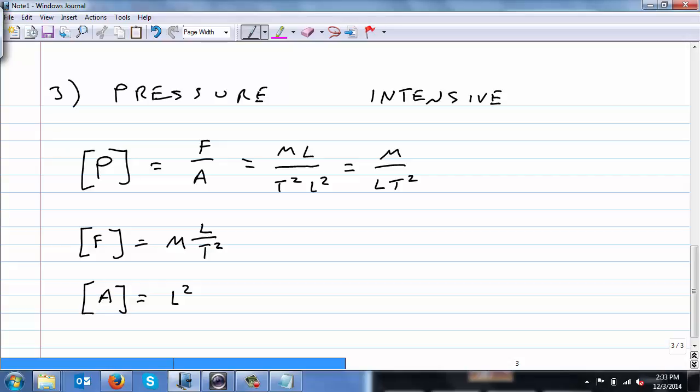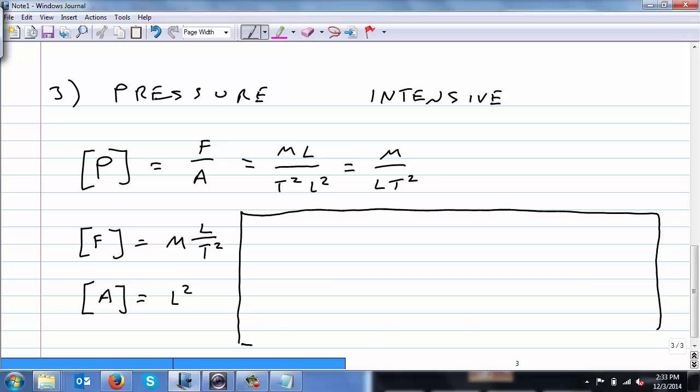Now let me do another little trick here, and I'll wall this off on the sheet for you. I'm going to do a little trick off to the side. If I just take force over area, you know from algebra that as long as you keep multiplying something by 1, it doesn't change.